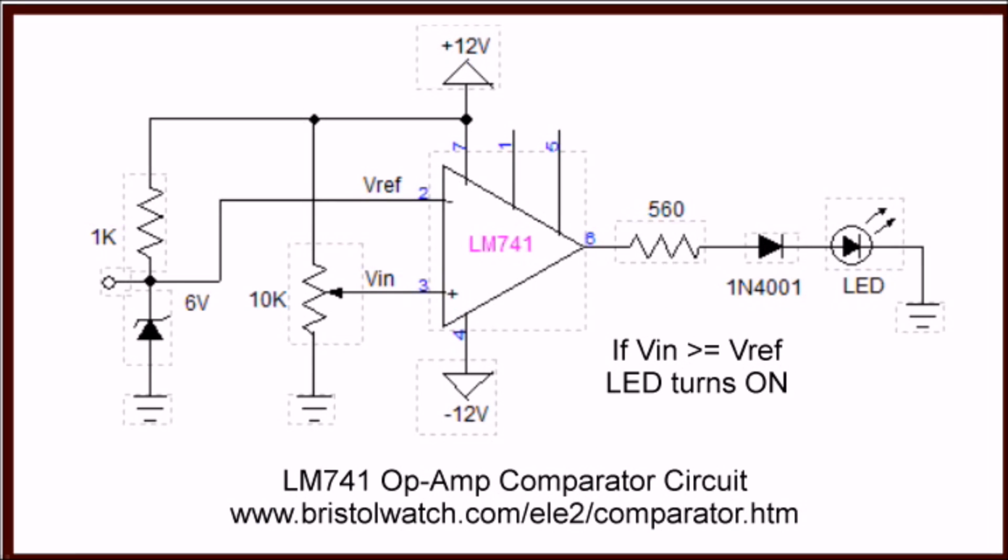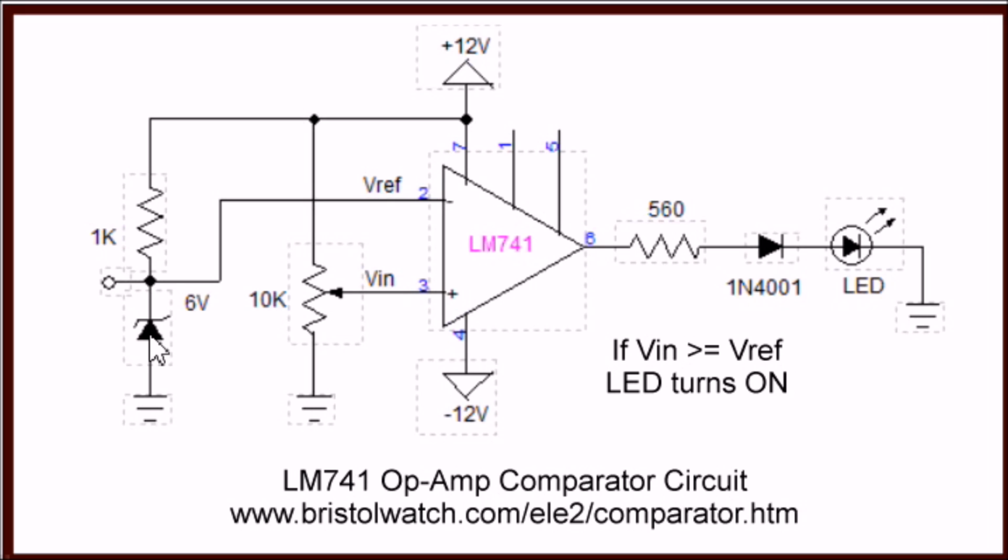All right, here's a comparator that's been constructed with an LM741 operational amplifier. This is the exact circuit that you saw in operation in the video. Again, we have used the minus input as a reference, but this time I have used a Zener diode and a dropping resistor as opposed to two resistors as a divider.